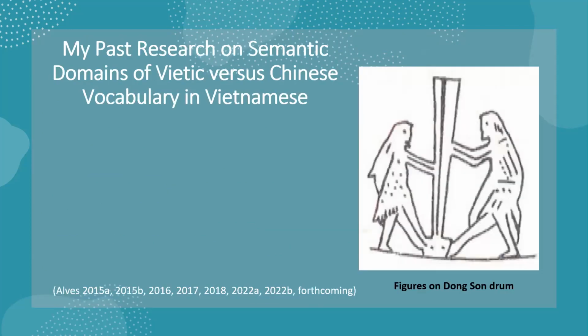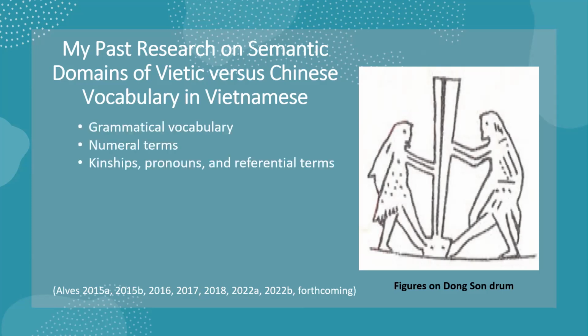So with that in mind, I've done research on semantic domains, looking at words, and not just words in isolation, but semantic domains, focusing especially on Vietic, that is more or less pre-Chăn words in Vietnamese, and Chinese vocabulary in Vietnamese. And I've looked at aspects such as grammatical vocabulary, numeral terms, kinship terms, pronouns, referential terms.